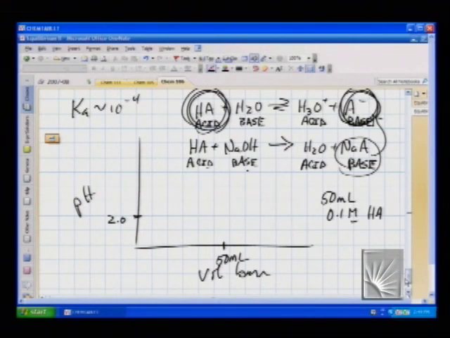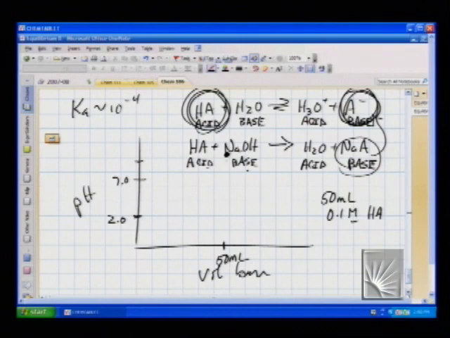If you made a base, the pH has to be greater than 7. So the pH at the equivalence point now is up here somewhere. I don't know what yet. We're going to figure that out in a little bit. But at the equivalence point, when it's a strong acid and a strong base, the equivalence point has a pH of 7. Because what do you make? You make water. When you react the strong acid or strong base with a weak acid, you make a weak base. And so you get a pH that's greater than 7.